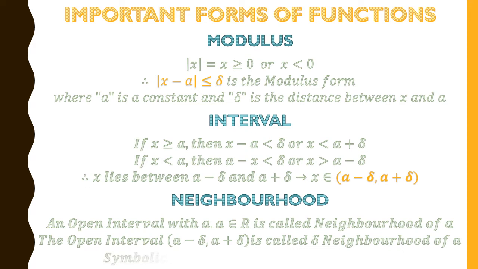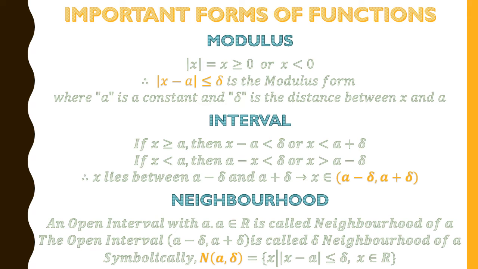For using that in our limit, symbolically we write the delta neighborhood of a as N(a, delta). And if we write it in our curly brackets form, it becomes the set of x where modulus x minus a is less than delta, x belongs to R. As you can see, the modulus form, interval form and neighborhood form are all connected.